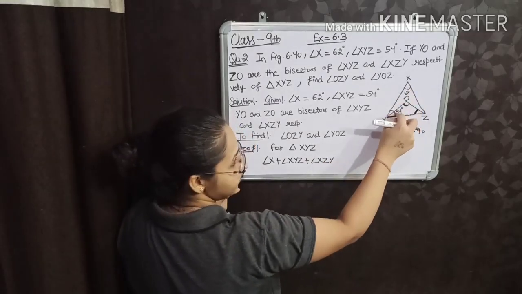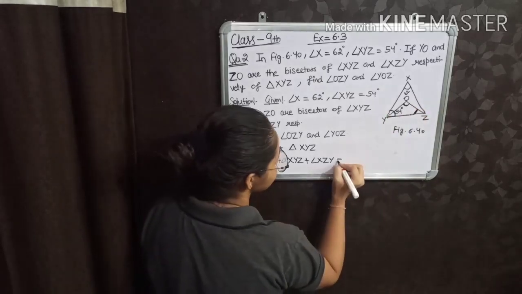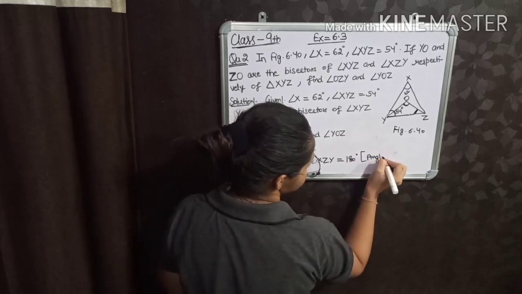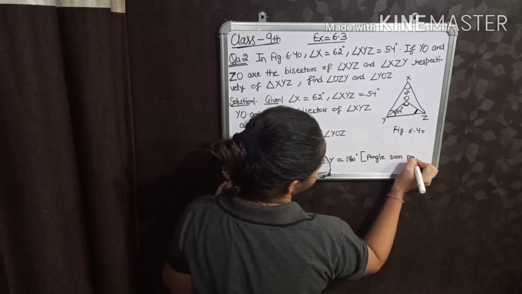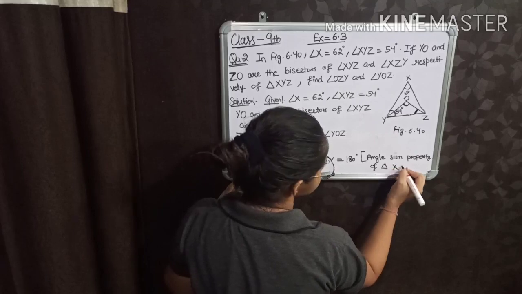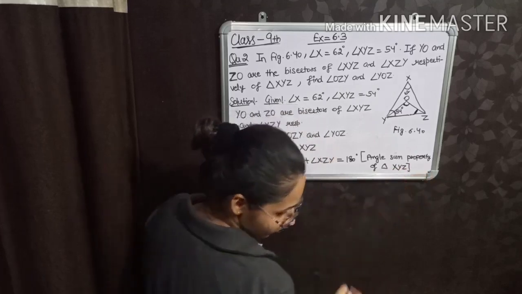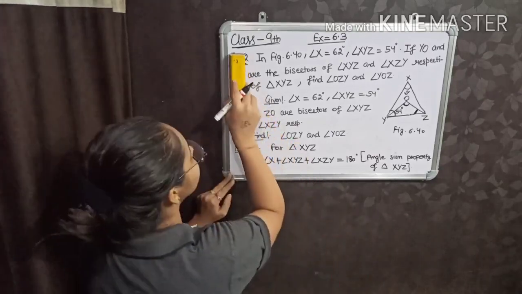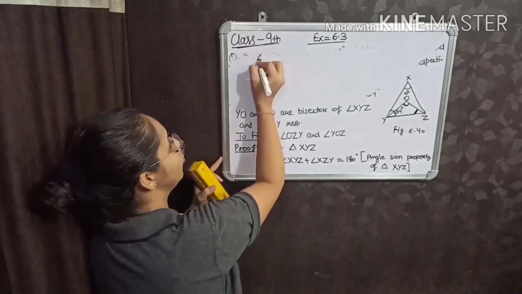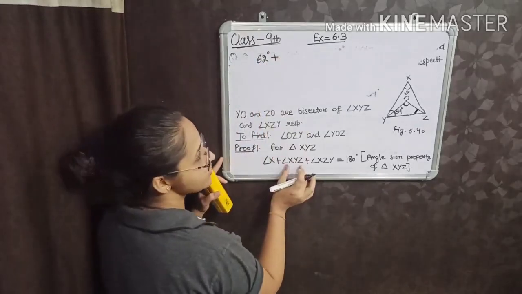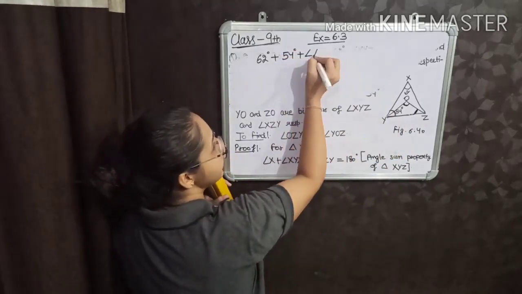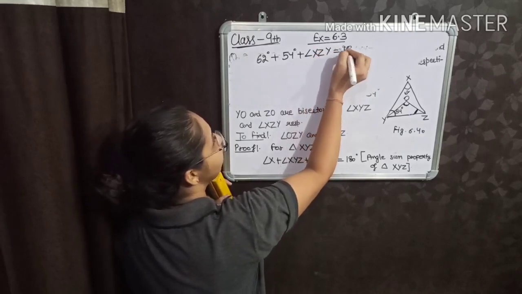This angle plus this complete angle plus this bigger angle is equal to 180 degree, because angle sum property of triangle XYZ. Now we know the value of angle X. Angle X is 62 degree plus angle XYZ, this is 54 degree plus angle XZY is equal to 180 degree.